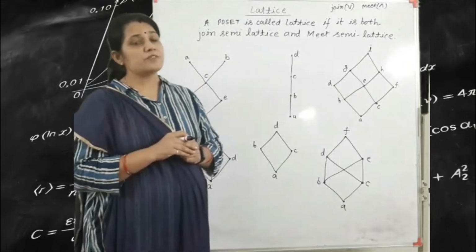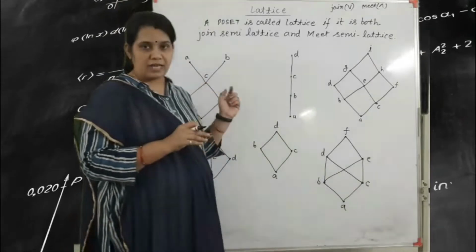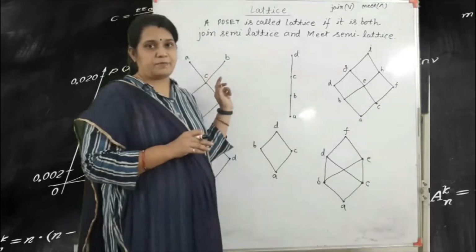What is the definition of the join? Every pair of elements has a least upper bound. Got it?